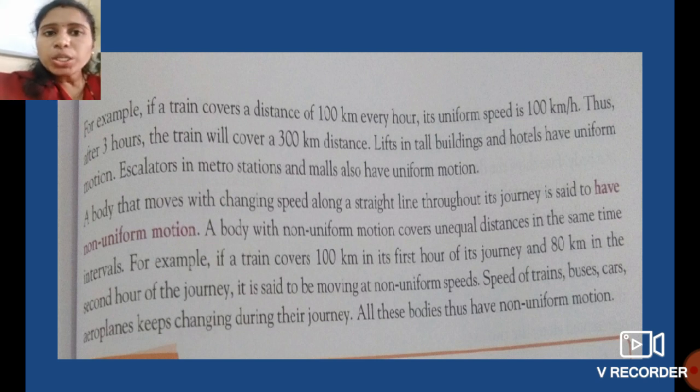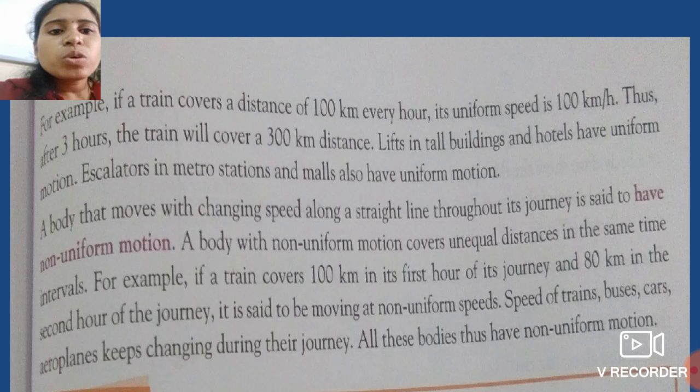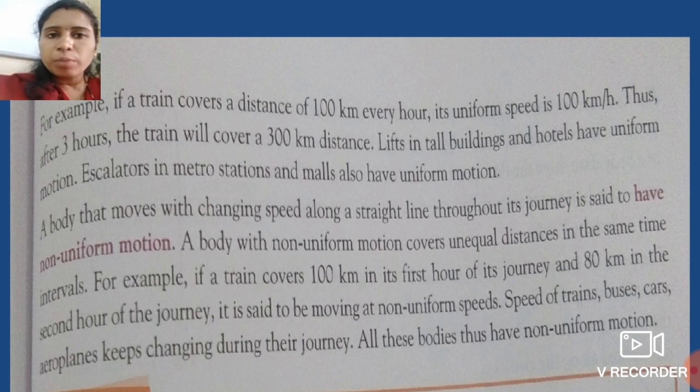So what about non-uniform motion? Okay, this is the second type of motion, that is non-uniform motion. See students, over here is the definition. A body that moves with changing speed along a straight line throughout its journey is said to have non-uniform motion.